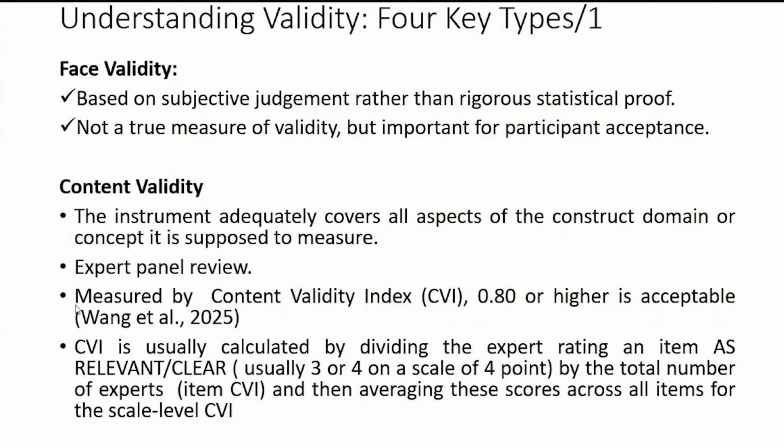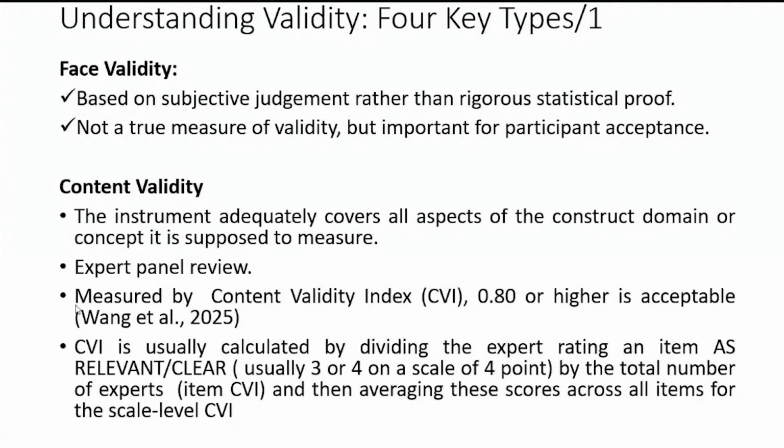This one is just straightforward. You may not need statistical software. If you are submitting an instrument, for instance to reviewers, you may request that they rate all the content of the instrument, maybe on a scale of 1 to 4.